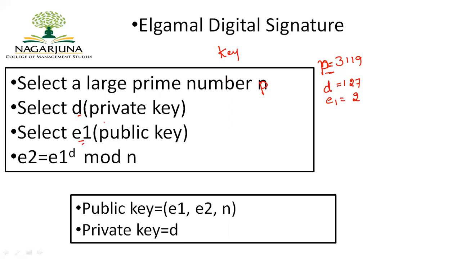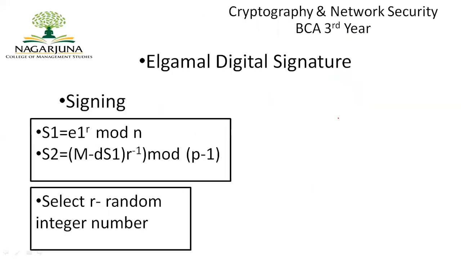Once we are done with that, the first and foremost thing that we have to do is calculate your S1. So S1 has to be calculated. How do we calculate this S1? S1 is equal to E1 to the power of R. What is the value of your E1? It is 2.